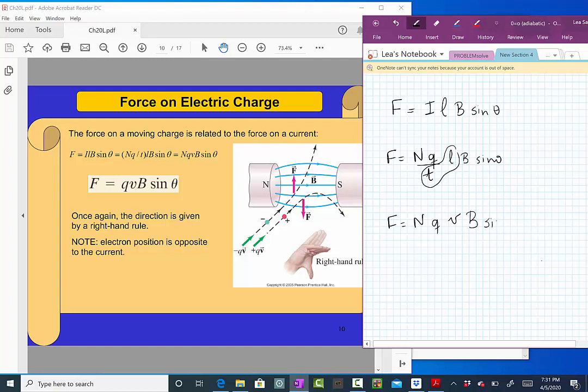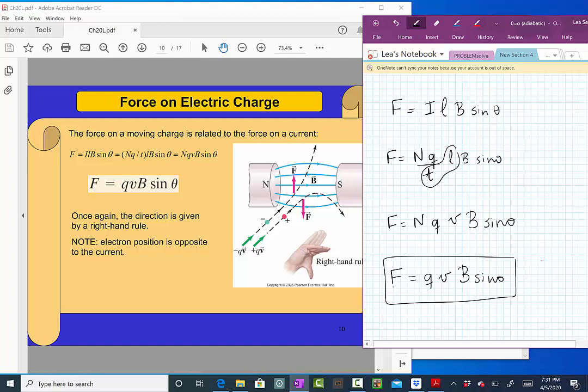Now we still have many charges, so with N charges the force is N Q, the speed of the charge, B, and sine of theta. But if I have a single charge, N is 1, and I get my equation: F equals Q V B sine of theta. This is the equation for the magnitude of the force that a charge will feel once it goes through the magnetic field.